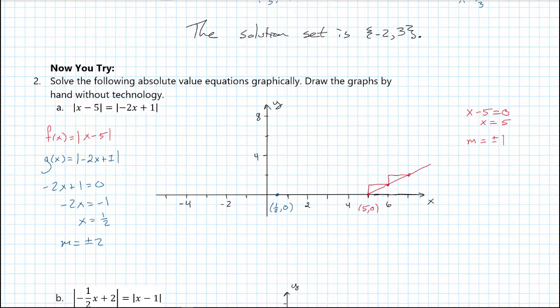And I don't think I'm going to have any intersections out to the right, so I'm not going to worry about that anymore. But then I want to have that slope of negative 1 that hits the x-intercept 5, 0. So I'll go up 1, back 1, over and over again.